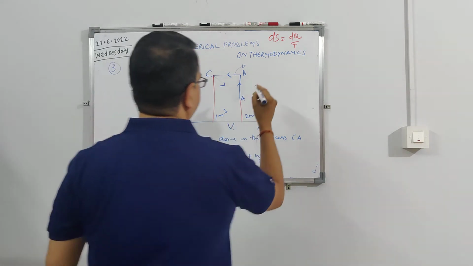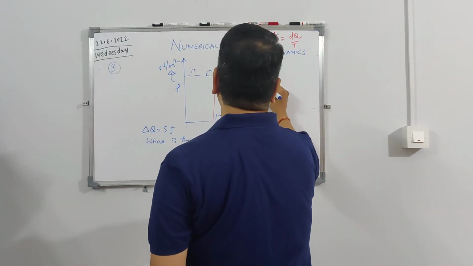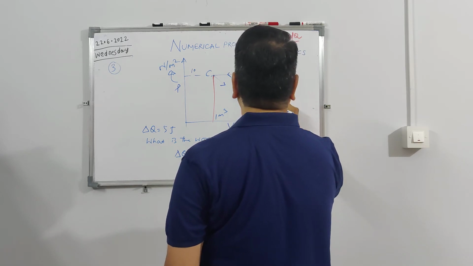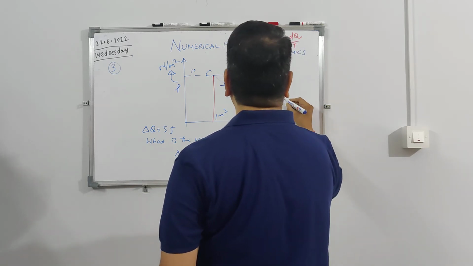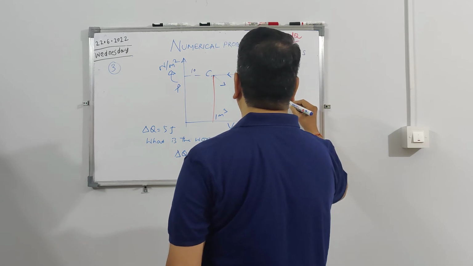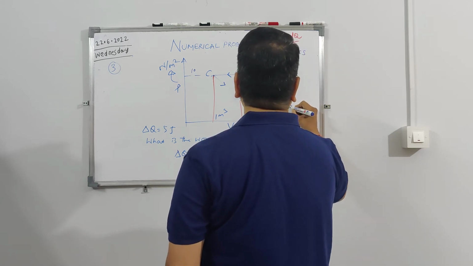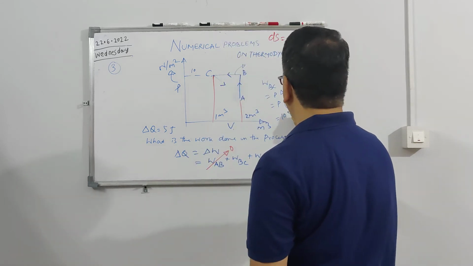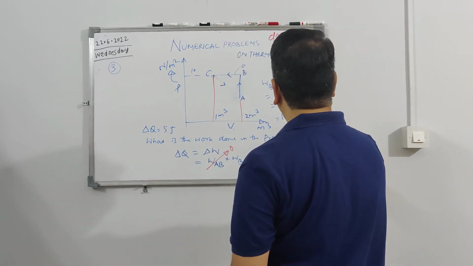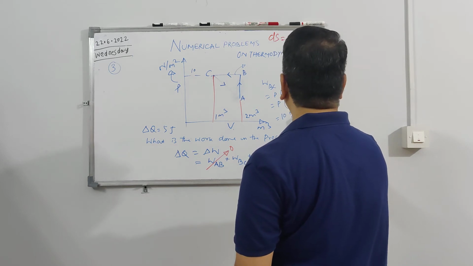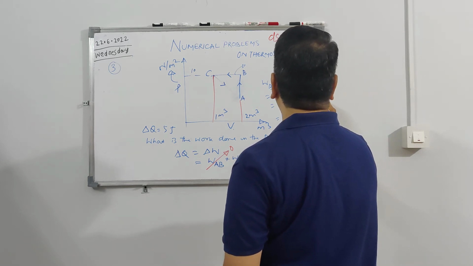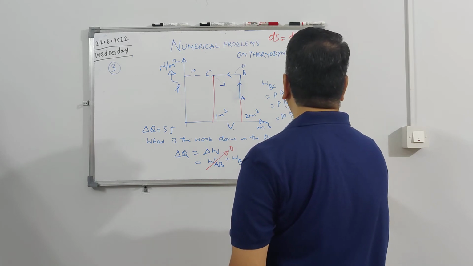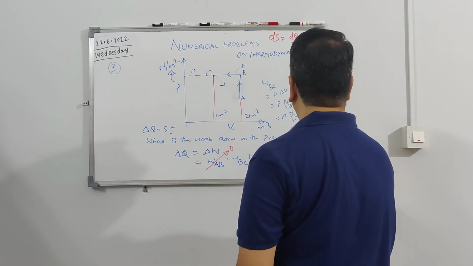So your work done during process BC is equal to pressure into delta V. So pressure into volume at point C minus volume at point B. So this pressure is 10 Newton per meter square into 2 minus 1 meter cube. So this becomes 10 into 1 Newton meter, which is nothing but your joule.